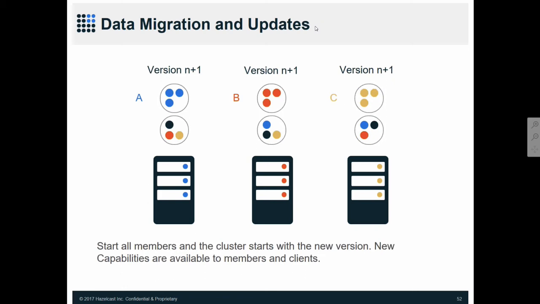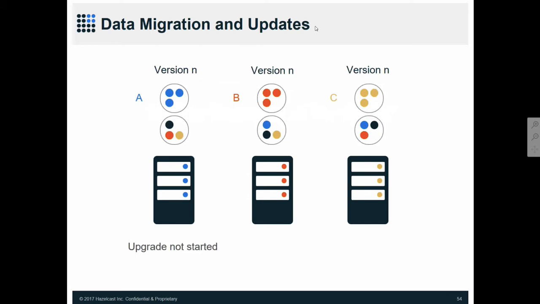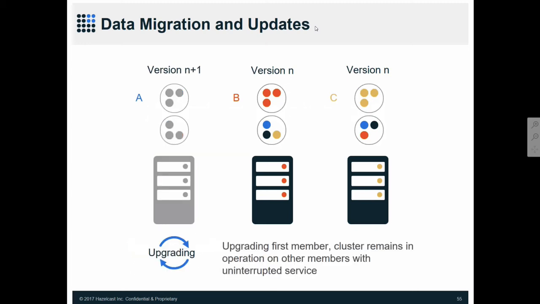I think that is the obvious possibility, but obviously nobody today wants to have downtime, and maintenance windows become more and more uncommon. So the other option is to do the cluster upgrade in a rolling upgrade fashion. Again, we have a cluster and there's no update running. Everyone is on version N. And now what happens is you update one node after another.